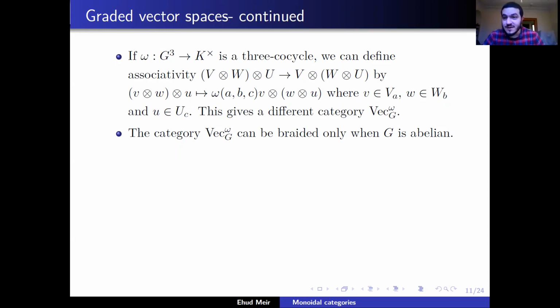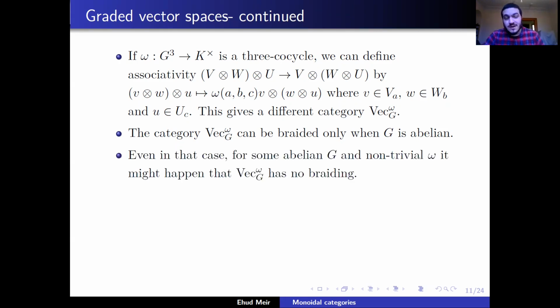It's not that you have some obvious isomorphism between V tensor W and W tensor V, because things here are a bit more complicated, and we also use this kind of higher level thing, we also use structures and not only conditions.